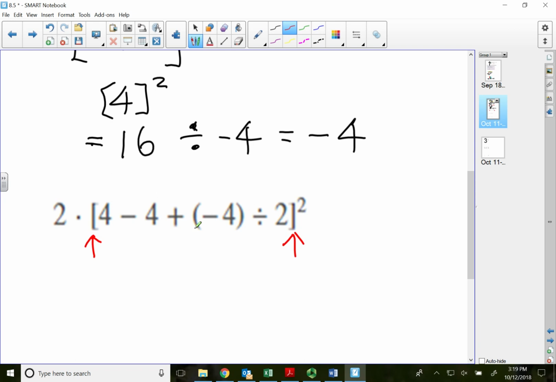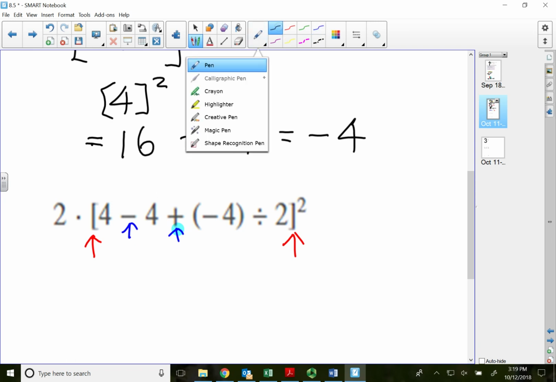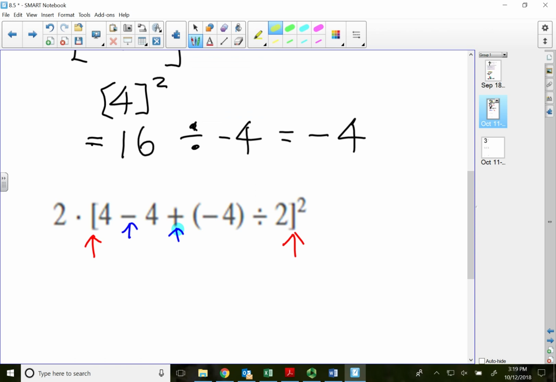So within the bracket, let's see how many plus and minus signs we have that's outside the parenthesis within the bracket. So there's one minus sign, one plus sign. So what that means is in front of the very first minus sign, that's one term in the bracket.